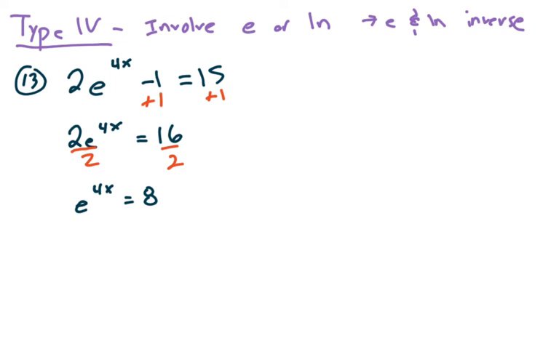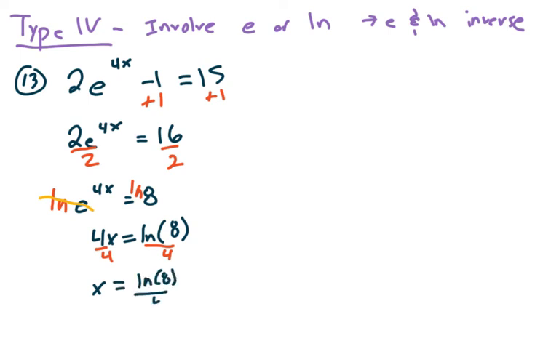Now, to cancel out the e, we are going to take the natural log of each side, because natural log and e are inverses. So this would cancel out here. So I'd end up with 4x equals the natural log of 8. And then I'd divide by 4. So I get the natural log of 8 over 4.